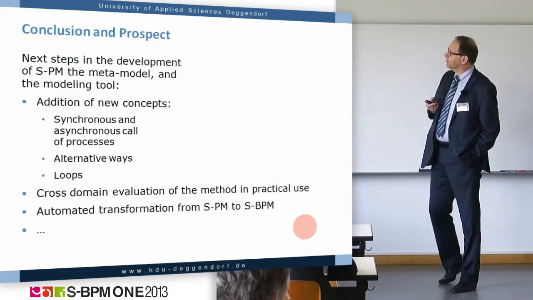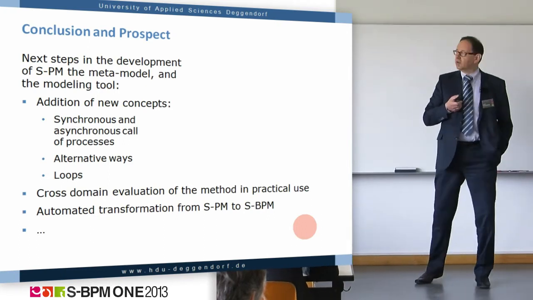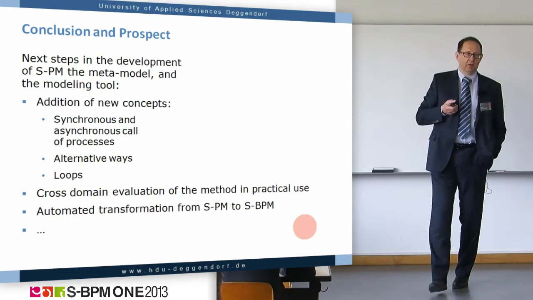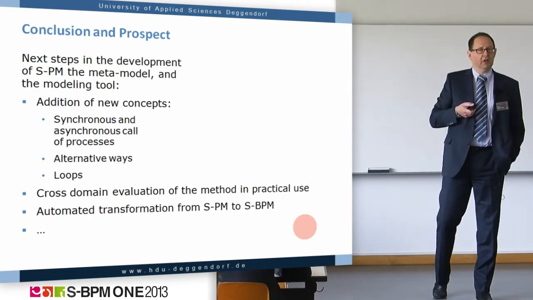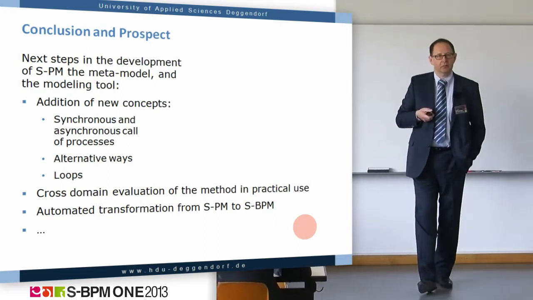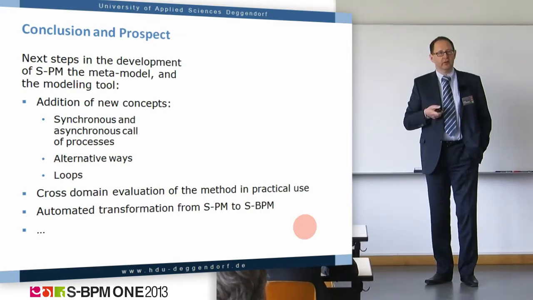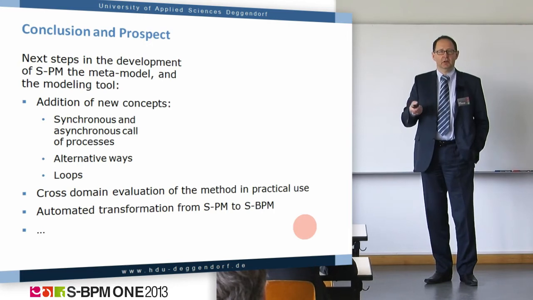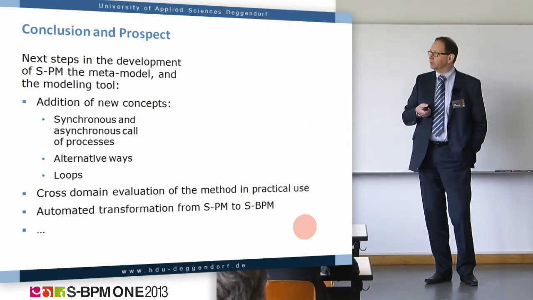What we also have to provide is a transformation from the phase matrix to S-BPM, which we think is possible. Also because, of course, it's based on the results of Albert Fleischmann, so it's just a matter of implementing these things. Okay.